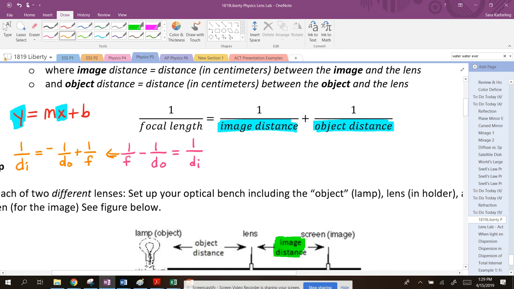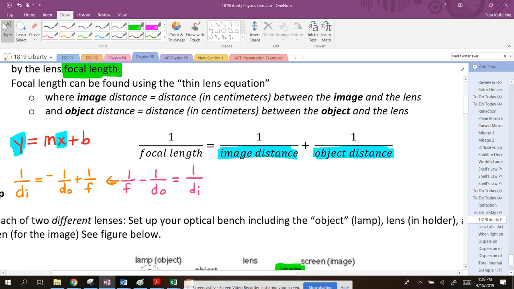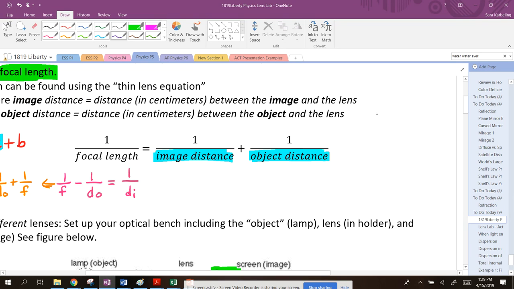The reason that I didn't want to leave it like this is because I want one of the things that I measured to be by itself and the other one to be on the other side. Because in just a minute I'm going to ask you what to put on the y-axis and what to put on the x-axis to give me a line.